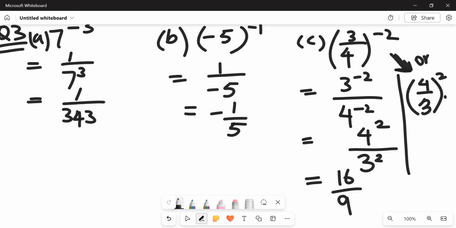I have changed the fraction to 4 over 3, so now the power will be positive. And this I can also write as 4 squared over 3 squared. This will give us the same answer.